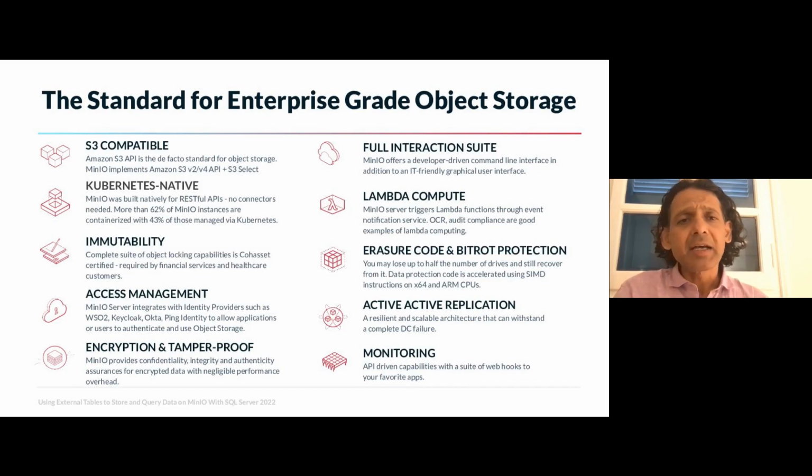So again, like I said, from an object storage perspective, the performance that you will find with MinIO is incomparable. It's fully S3 compatible, which is really at the heart of it. So 100% API compatibility with Amazon S3. And it gives you that capability, again, in a multi-cloud environment.